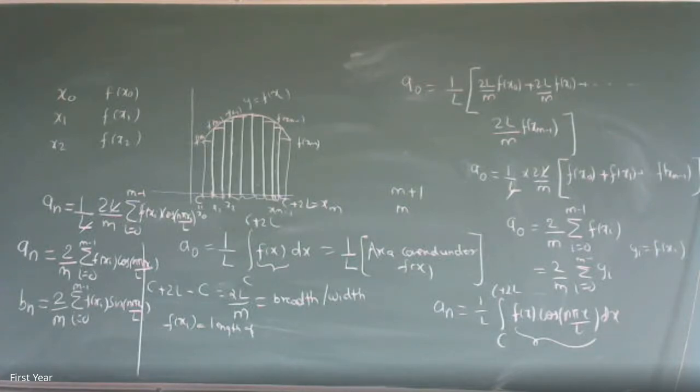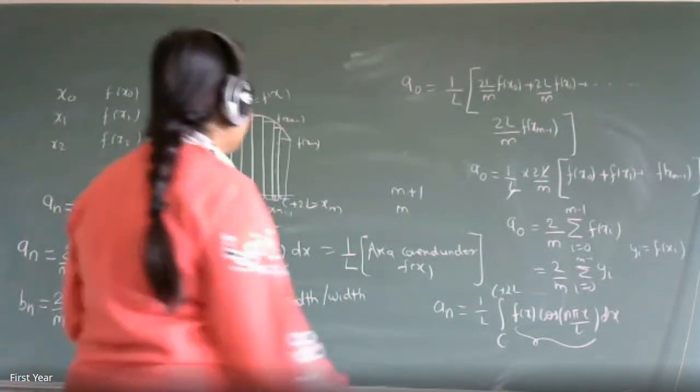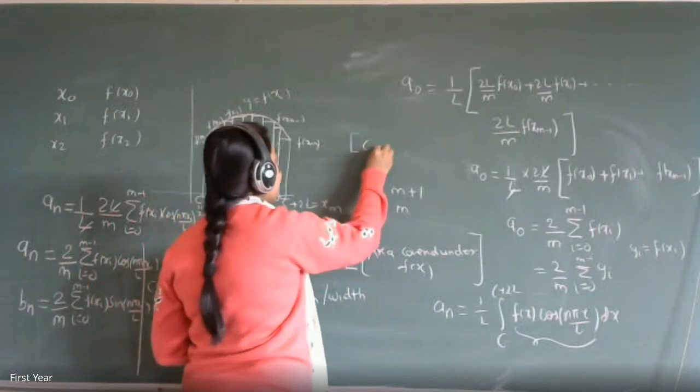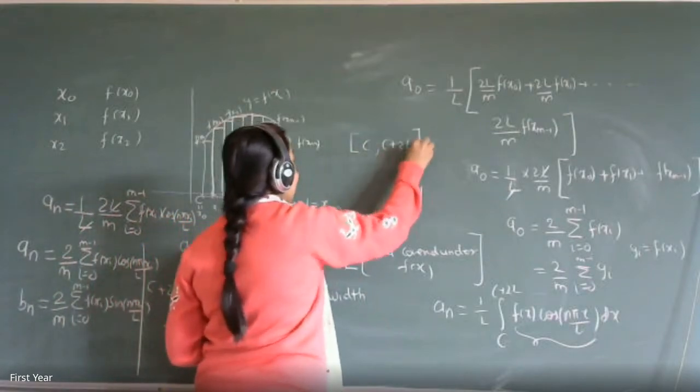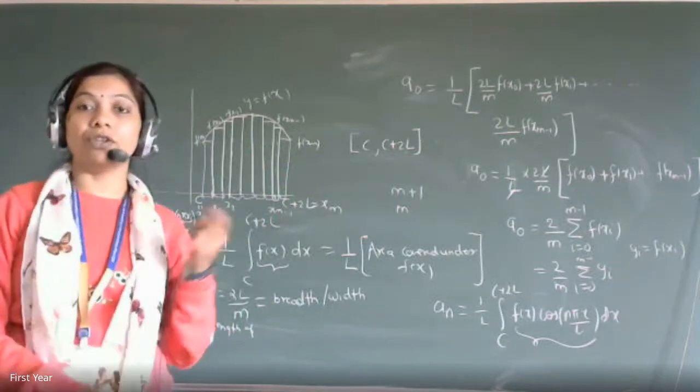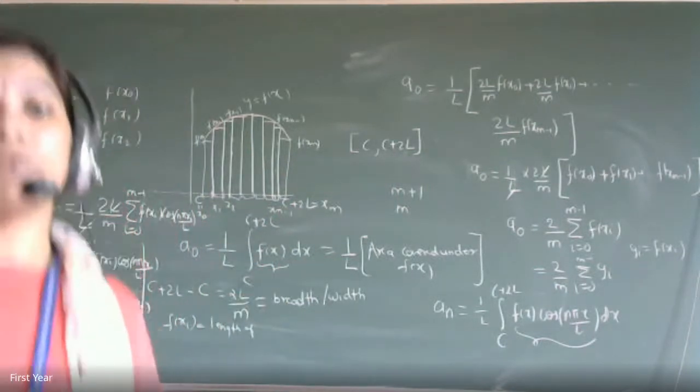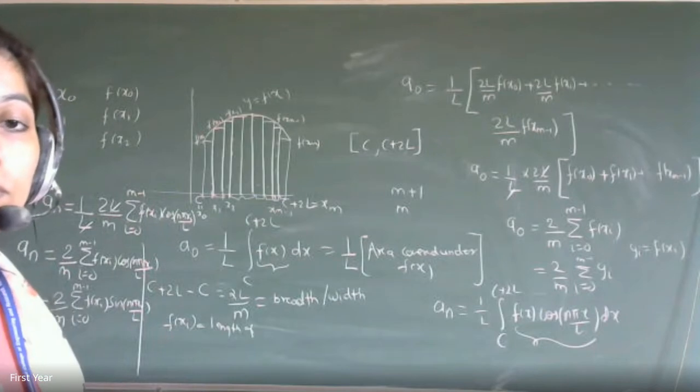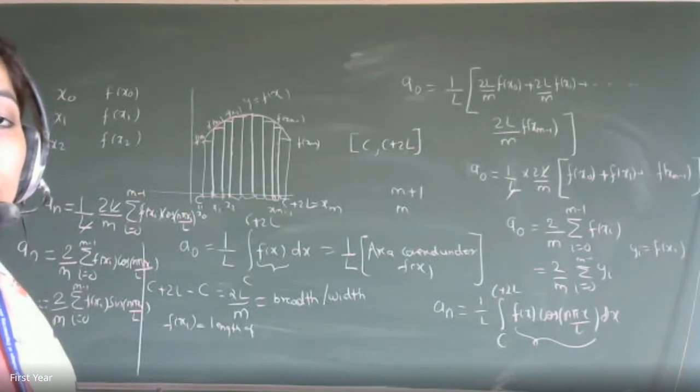Given discrete data in the interval c to c plus 2l, for a periodic function. Please repeat, ma'am. I'll repeat it.